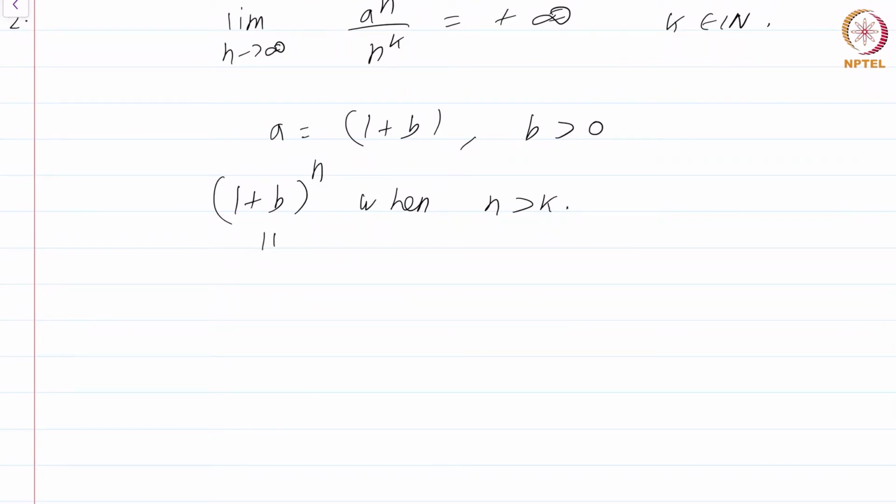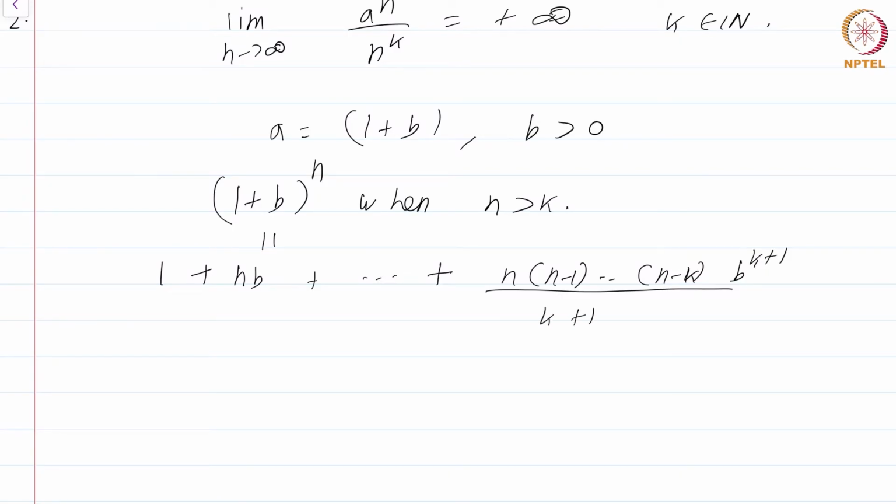This is nothing but 1 + nb + some other terms, and I focus on one particular term, and you should be able to guess what this particular term is. It is that term which has b^{k+1}, not k - 1, b^{k+1} / (k+1)!, plus some other terms. So I focus on this particular term which has b^{k+1} in it. Okay, so this is what (1 + b)^n will be when n is greater than k.